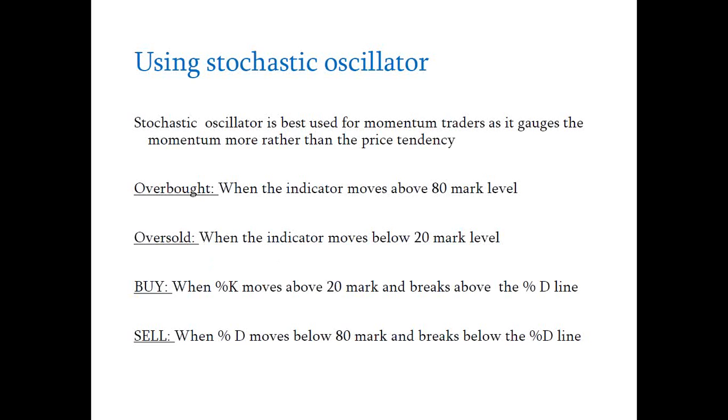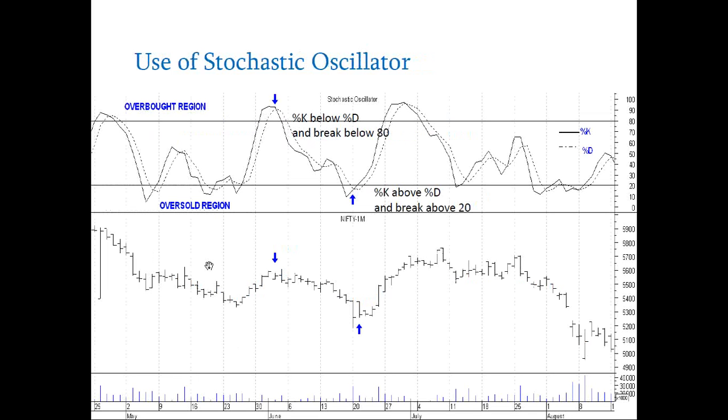We have seen so many indicators. We have seen trend lines, moving averages, RSI and the stochastic oscillator. As you know, technical analysis is all about combining indicators. A successful technical analyst combines all the indicators and then uses the trading signals with a perfect confirmation on the charts.